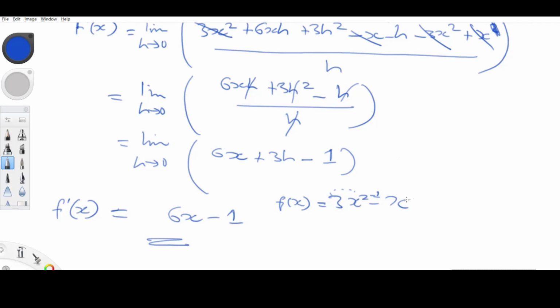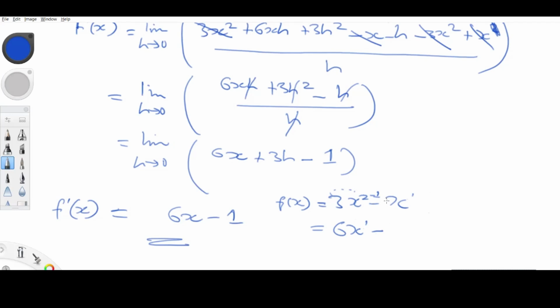We do that for each of the terms, okay? So 3 times 2 would be 6. 2 minus 1 is going to be x raised to the power 1, right? Minus, you imagine there's a 1 on the x. If a term doesn't have any exponent, its exponent is 1. So 1 times minus 1 as well.